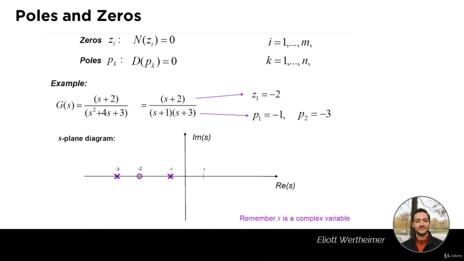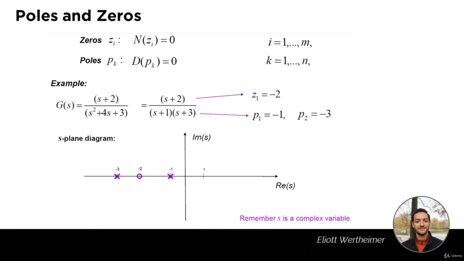You can then factor this expression very easily to find that the zero of the transfer function is when s plus 2 equals 0, and the poles of the transfer function occur when s plus 1 is equal to 0 or s plus 3 is equal to 0. So you get that the zero is at minus 2, while one of the poles is at minus 1 and the other pole is at minus 3. In this case, it's quite easy because the solution of s is a real number. There is no complex part to that solution.